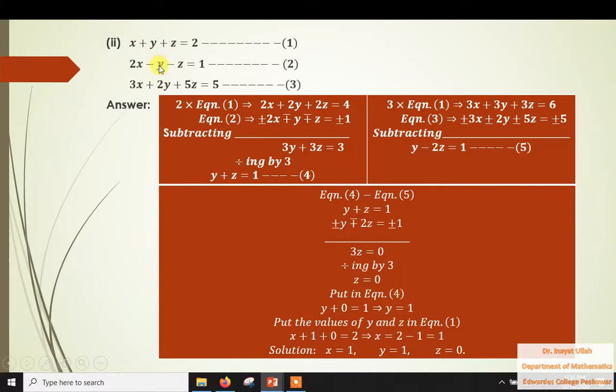This equation is simple enough, so putting y and z in this equation to get the value of x. So the value of x is equal to 1, y is equal to 1, and z is equal to 0. So that is the back substitution method to solve a system of linear equations in 3 variables.